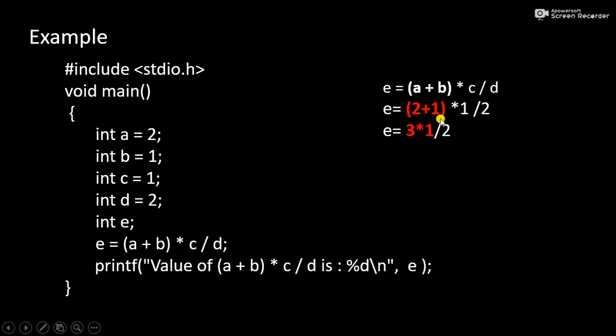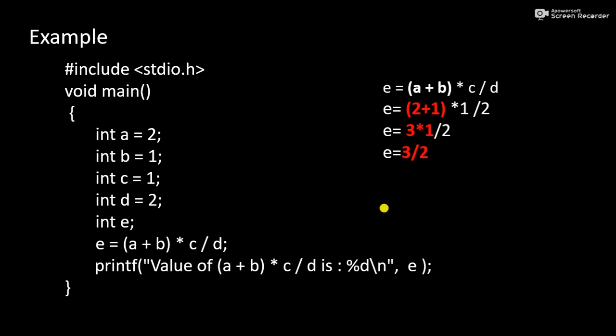Multiplication and division have left to right associativity. So this multiplication is on the left hand side, and we need to evaluate it first. So 3 into 1 needs to be evaluated first.